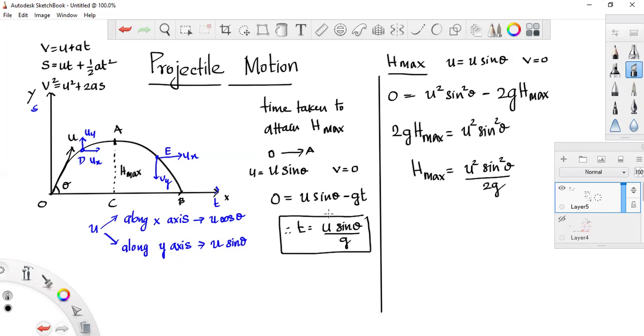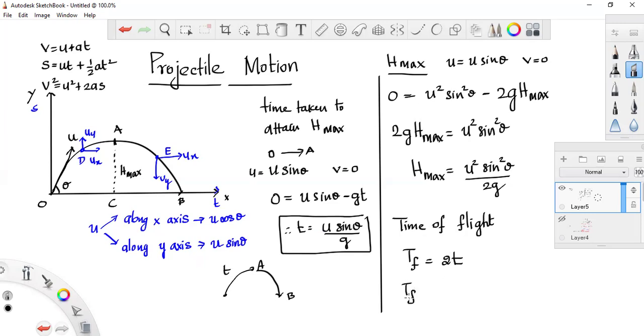We saw the time taken to attain H max. The time taken to reach A from O is the same time it takes to reach B from A. So if they ask for the time of flight, it is the time from the point of projection till the point at the same level where the object reaches. So you can just write that it is twice the time taken to attain maximum height.